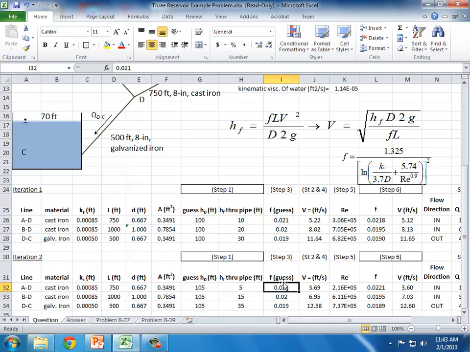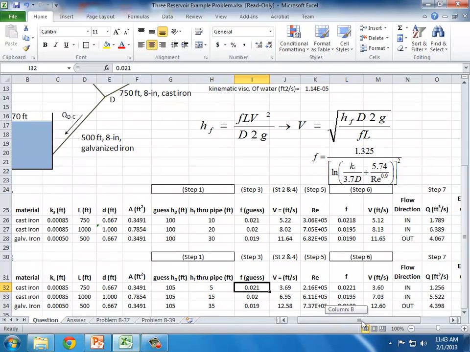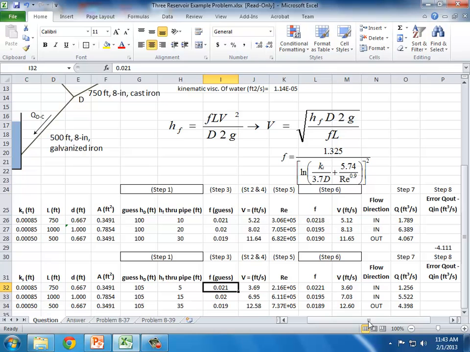Instead of just some random guess of F, what I'm going to use as my guess value of F here is I'm just going to have it look up what the previous value was. And so instead of typing in a value, I'm going to have it actually reference the previous one.